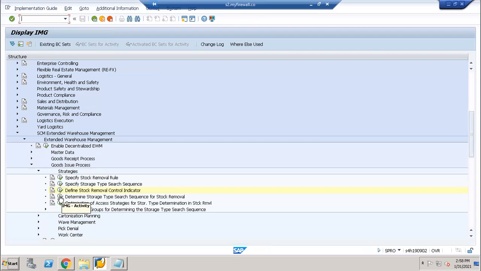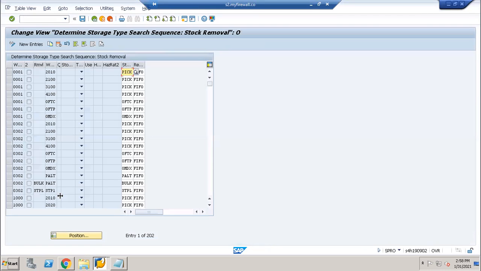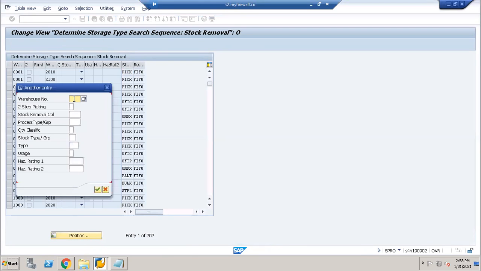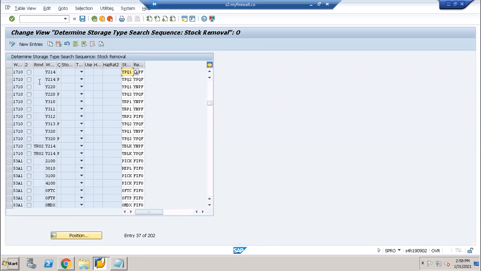Now determine the storage type search sequence for stocks. This is the ultimate search sequence, which has a matrix table. Let us suppose that for our standard warehouse 1710, this is the matrix, with the warehouse number. It is the WPT. The WPT will be the deciding factor for all the storage types in the sequence for ultimate put away and picking operations.